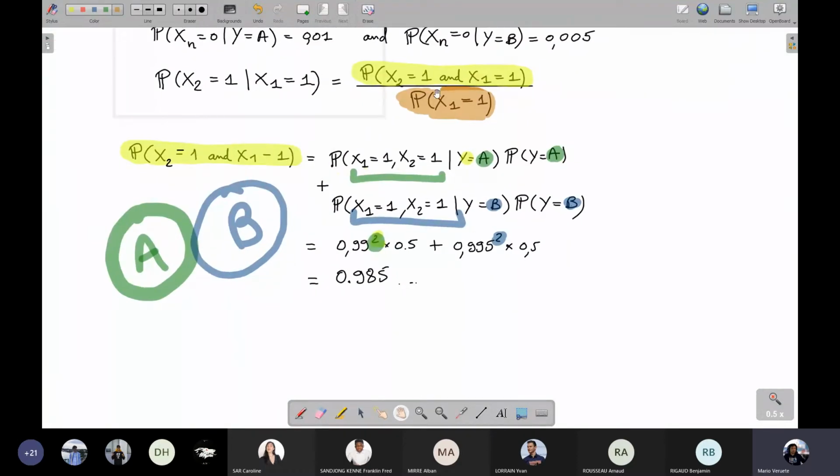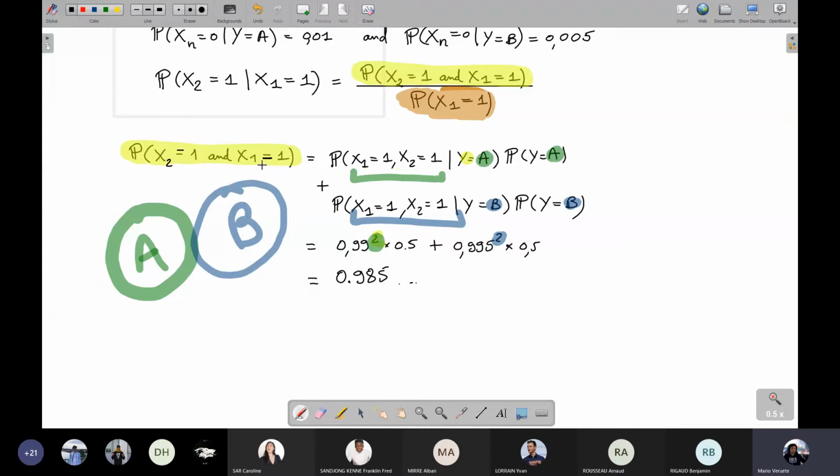This is the denominator, this is the numerator. Now, the probability of x1 equals 1 given A, times the probability of A, times the probability of B. I think that's okay.